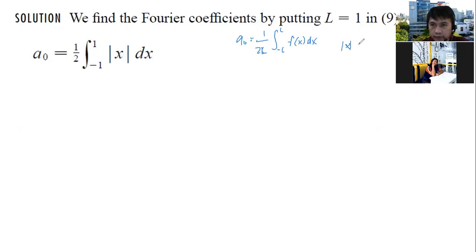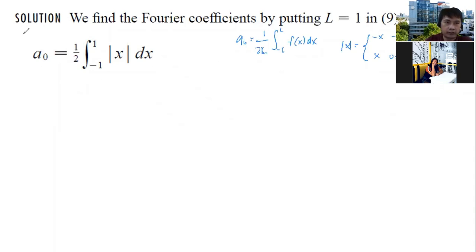So for this case, we can define the given function, absolute value of x, as either negative x or x lang yan, no? So yung x natin is from negative 1 to 0, and sa positive x naman natin from 0 to 1. Okay?